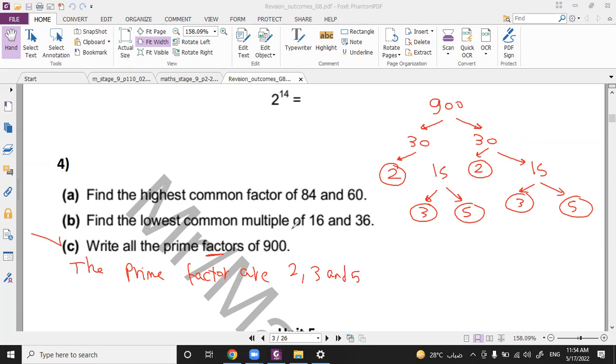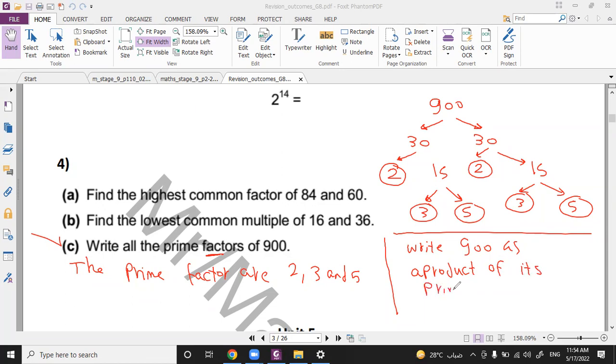When it comes to writing 900 as a product of its prime factors, you write 900 equals, I have 2 2's, so 2 times 2, times, I have 2 3's, so 3 times 3, and I have 5 times 5.